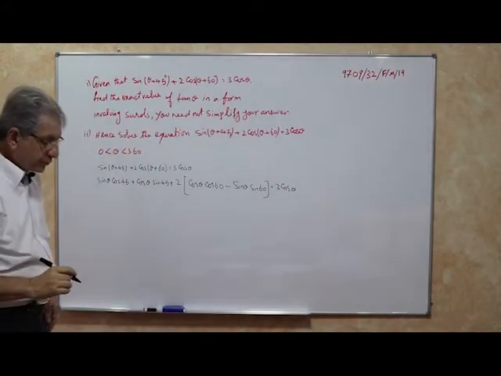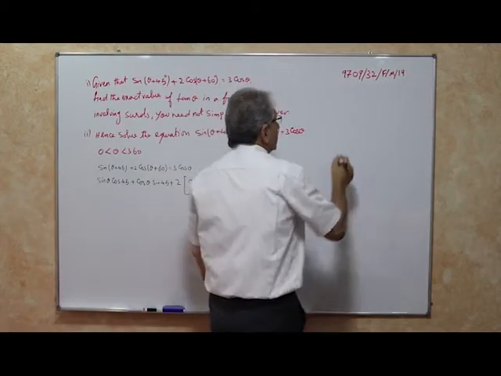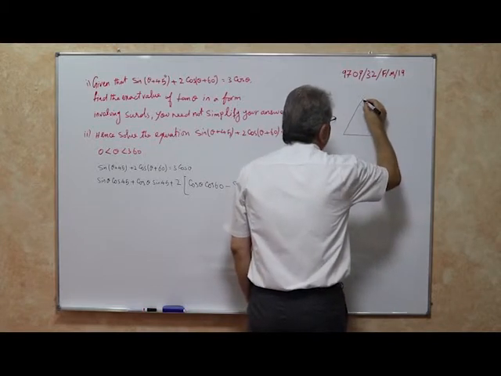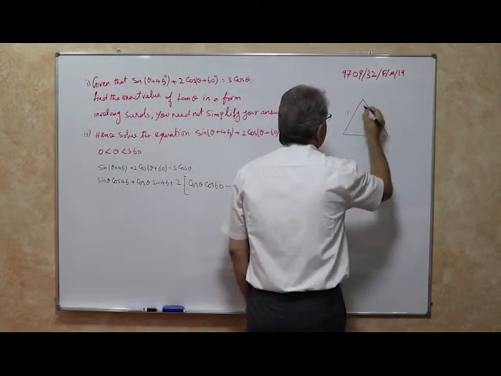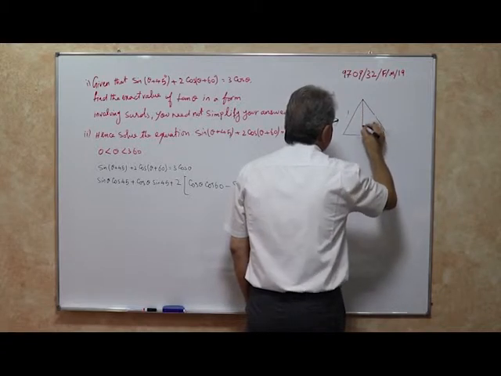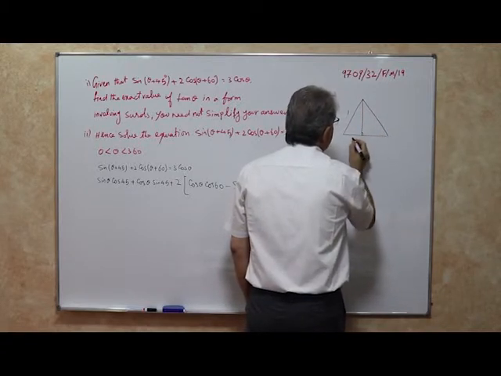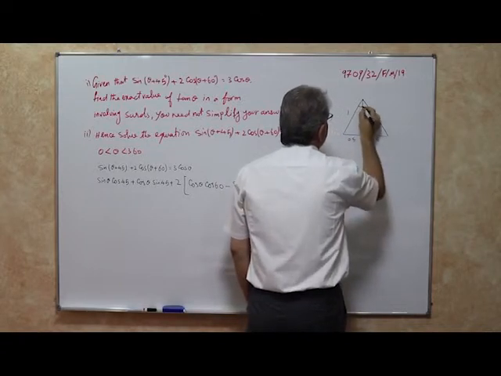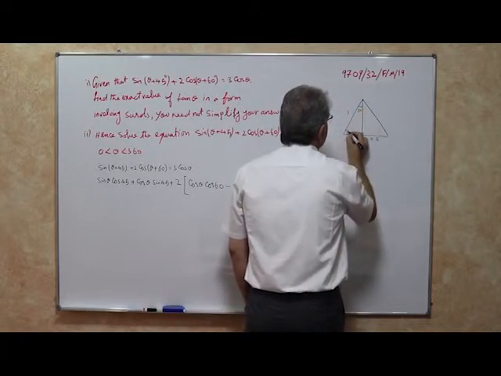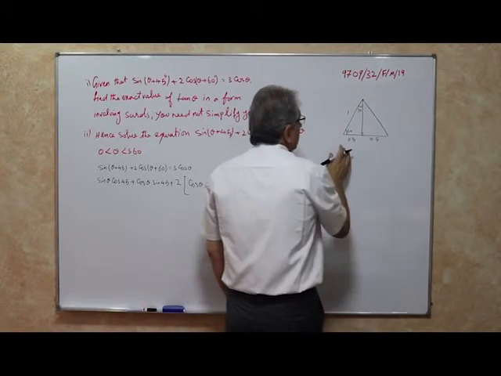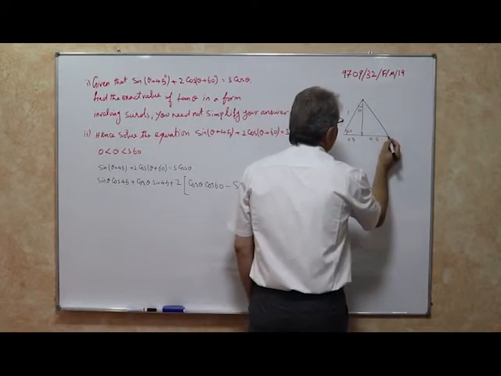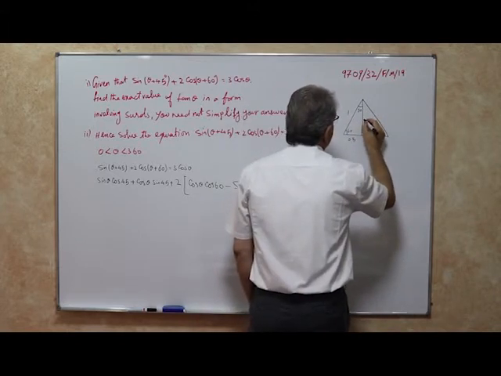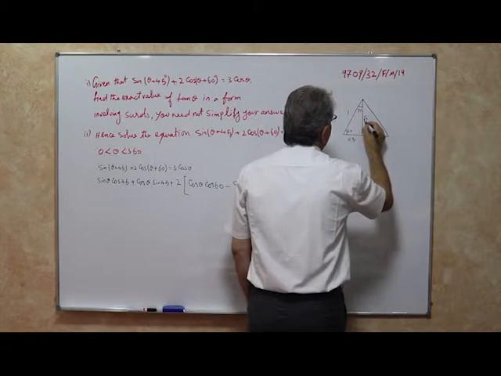Now remember, if you have an equilateral triangle, suppose its side is 1, and you draw a perpendicular here, this is 90, this is 0.5 and this also will be 0.5, this will be 30, this is 60. If you do the Pythagoras theorem, you are going to get here a square root of 3 divided by 2.